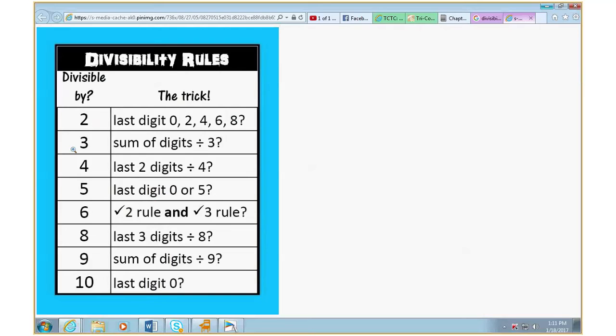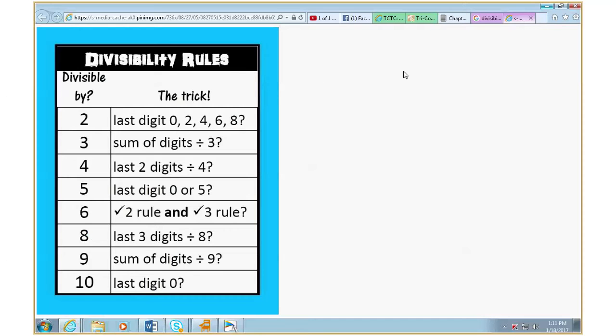Prime. 2 and 3 are prime. 5 is prime. 2, 3, 5, 7, 11. 7 is not divisible into too many things because it's so wacky. 7 is divisible into 7 and 77 and things like that. But 7 is kind of like 13. Not many numbers are divisible by 13 and 7. So they don't even put 7 on here because there's no law for it.